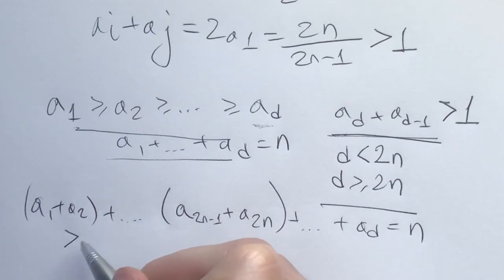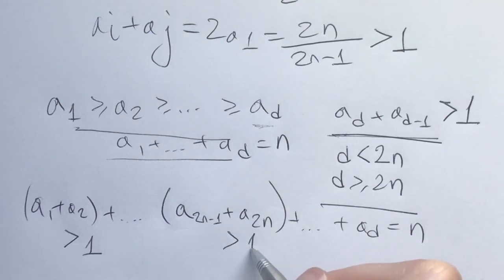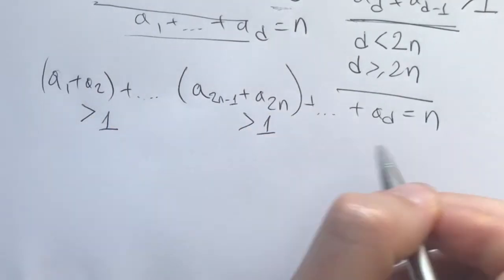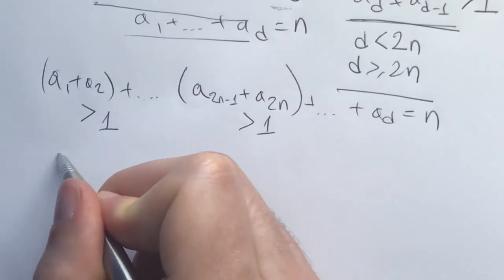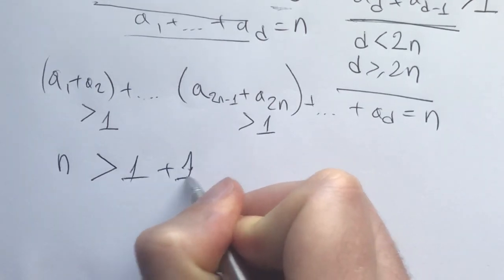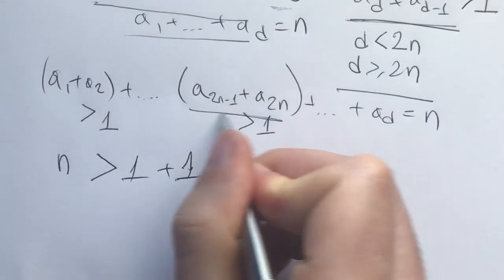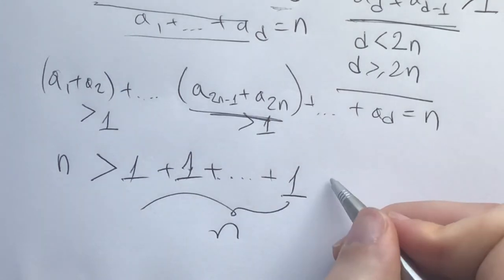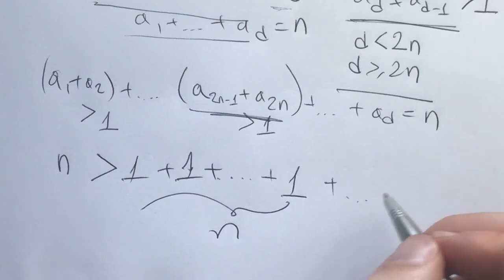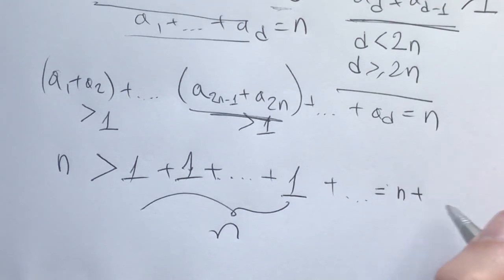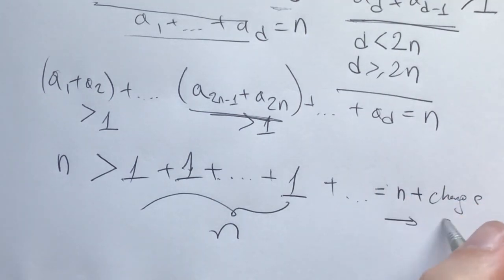Now, if each of these is greater than 1, then this whole thing right here is going to be n, which is greater than 1 plus 1 plus all the way till 1. This is n ones plus some potential change, which means n is going to be greater than n plus some change, but strictly greater than, and this is a contradiction.